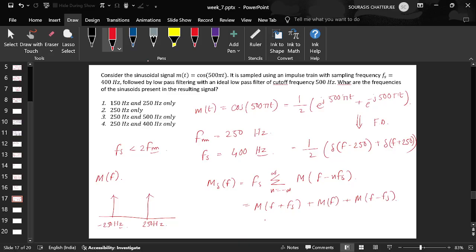So first pick M(f plus fs). What we get here is delta f minus 250, and fs is 400, so plus 400, plus delta.